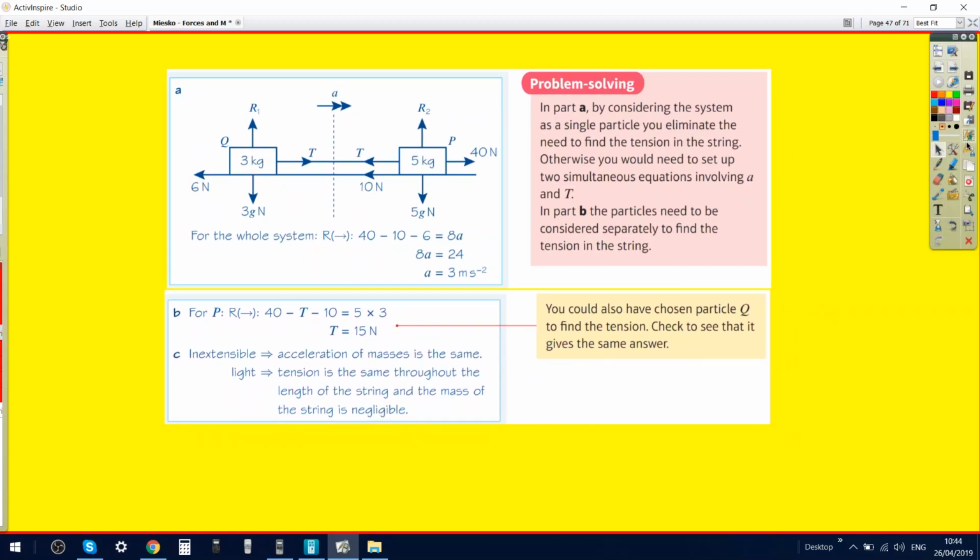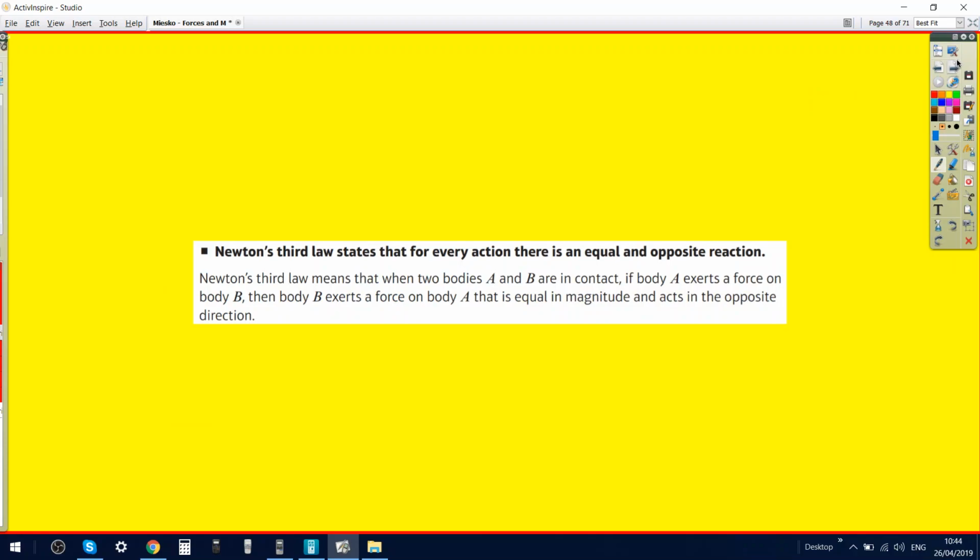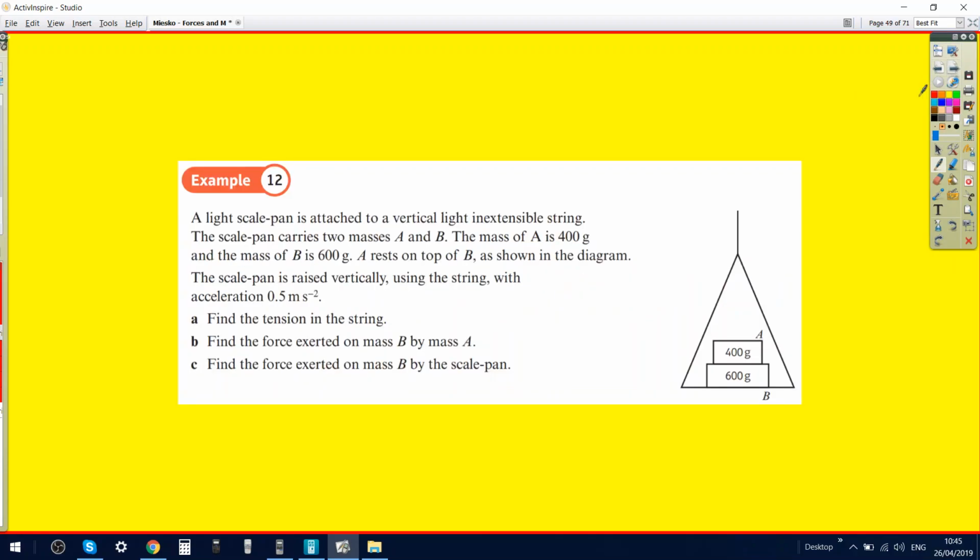Tension is the same. Yeah. So that's 15. Inextensible means acceleration of masses is the same, and light means tension is the same throughout the length of the string, and the mass of the string is negligible. Okay, so basically the string has no mass. The tension will be the same everywhere on the string, in the middle as at the very left or very right. And the acceleration of the two masses is the same because it's inextensible. Okay. So Newton's third law, equal and opposite reaction.